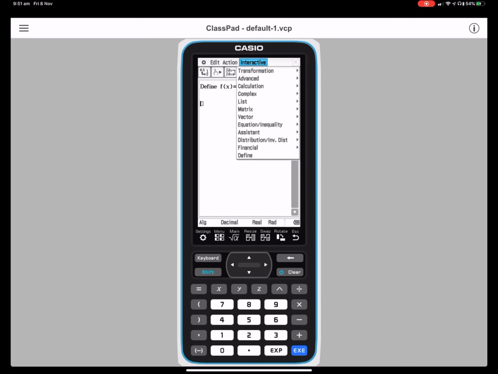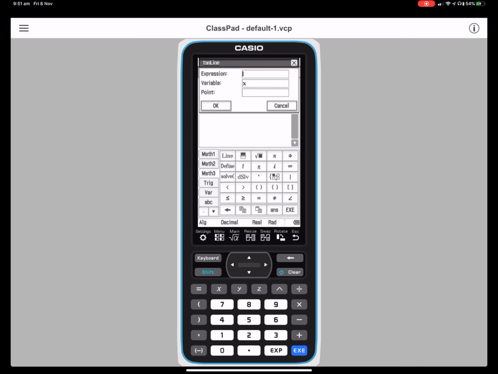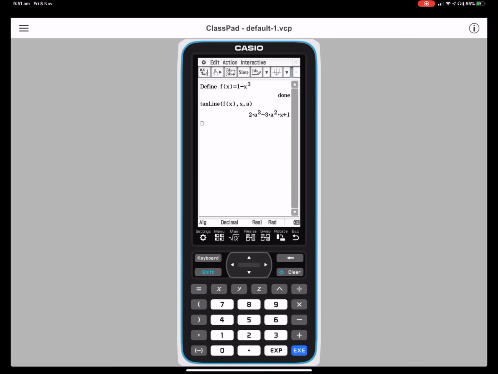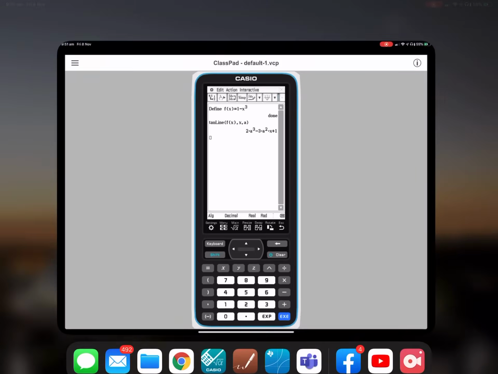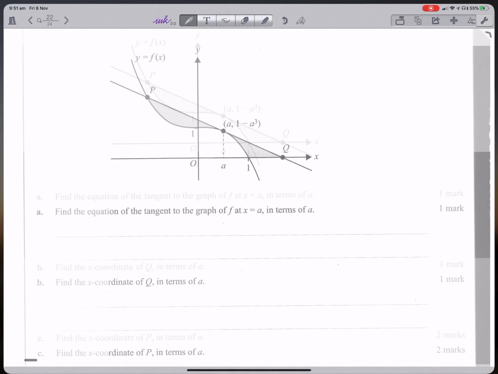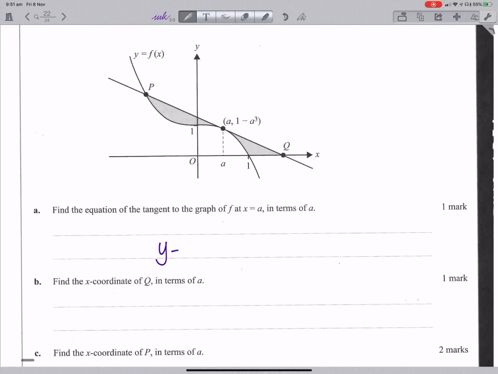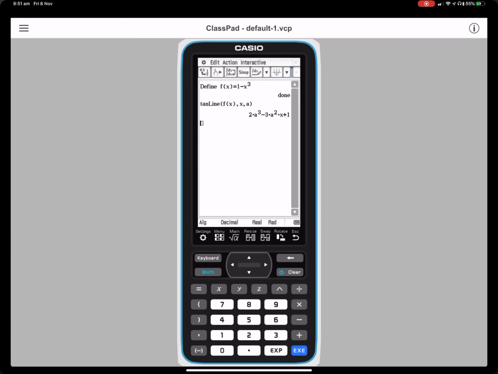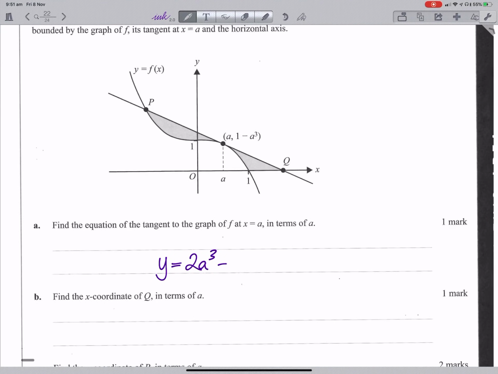We want the equation of the tangent at A. Tangent line of f of x at the point A. Okay, 2a cubed minus 3a squared x plus 1.